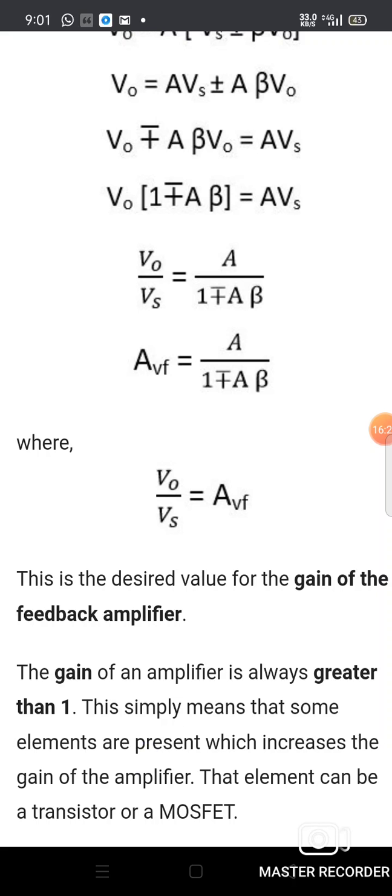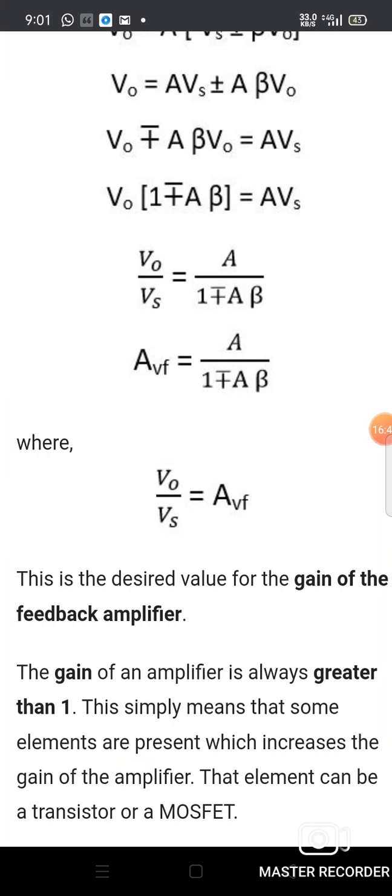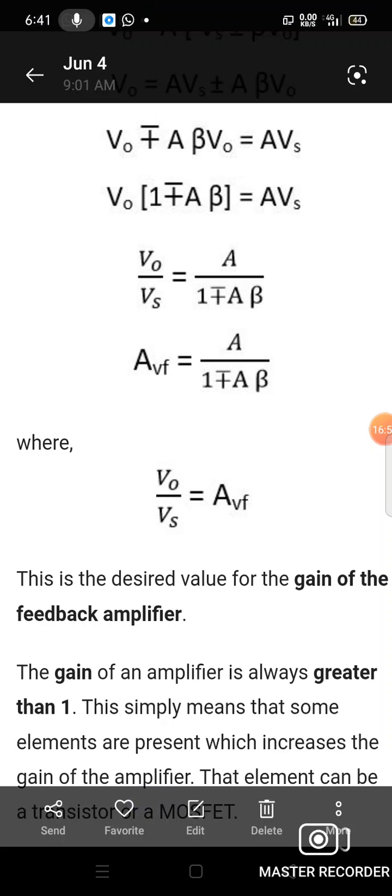That is, V0 plus or minus A beta V0 is equal to A Vs. On the left side, taking V0 outside of the two terms, that is V0 of 1 plus or minus A beta is equal to A Vs. Next, taking the ratio of the variables, V0 by Vs is equal to A by 1 plus or minus A beta.